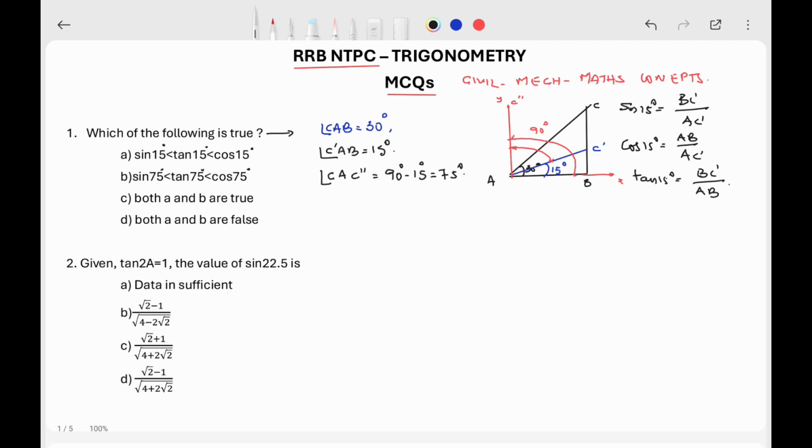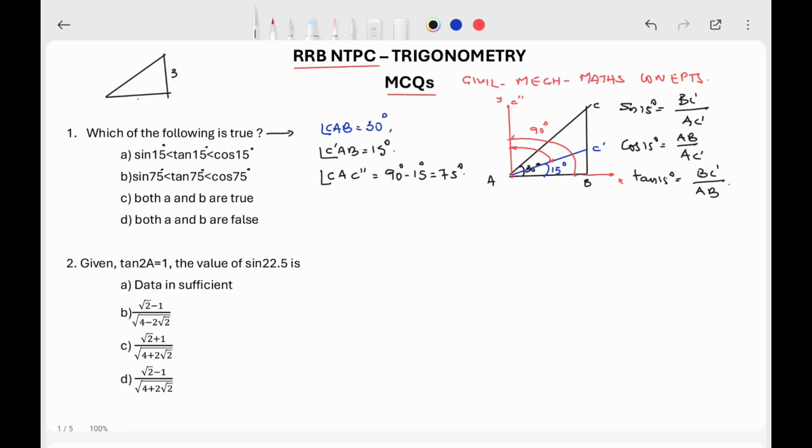Now you tell me, in a triangle, for example, let us take a triangle of this size, depicting the right angle triangle Pythagoras theorem.